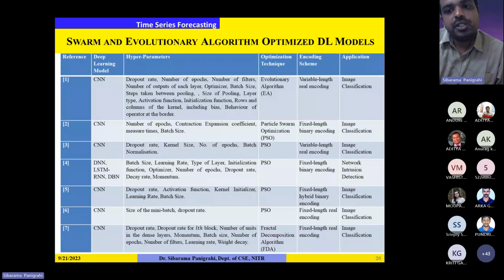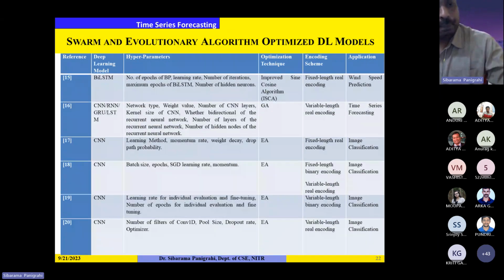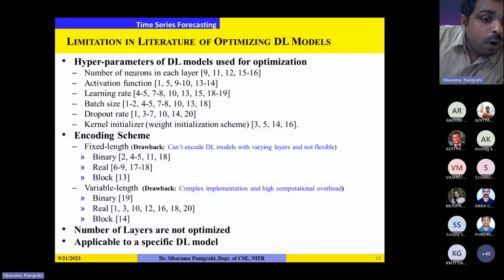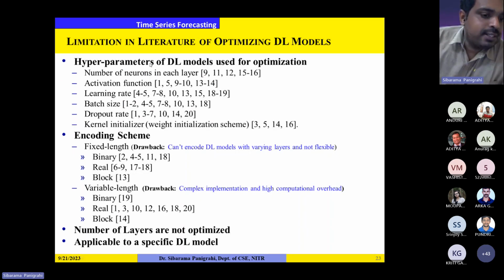So the authors have used variable length, real encoding, block encoding, binary encoding, fixed length, real encoding, binary encoding, and block encoding. So you see, the problem in this literature is that they have considered these hyperparameters: number of neurons in each layer, activation function, learning rate, batch size, dropout rate, kernel initializer, that is the weight initialization scheme. But none of the papers have considered all these hyperparameters simultaneously.